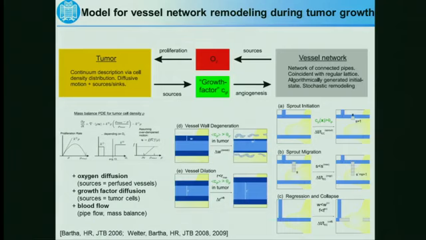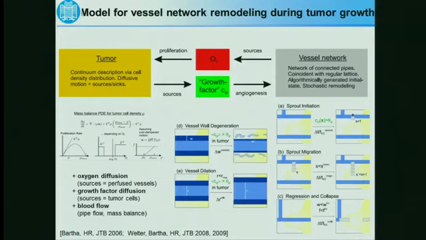When the growth factor is high, tumor cells proliferate. When the growth factor is high, vessels initiate sprouts, which then try to migrate through the extracellular matrix and try to find a connection partner in order to induce flow. And when it's low, nothing happens. And growth factor is also induced via oxygen. Oxygen is produced by the vessel network, so all of these vessels carry a blood flow, which you also calculate.